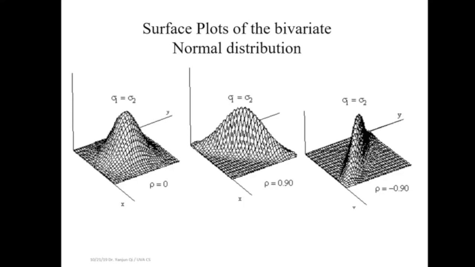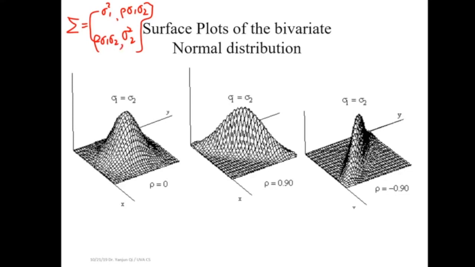First, take rho equal to 0, which means correlation equal to 0. The sigma matrix is sigma 1 squared, sigma 2 squared, and rho times sigma 1 sigma 2 on the off-diagonals.